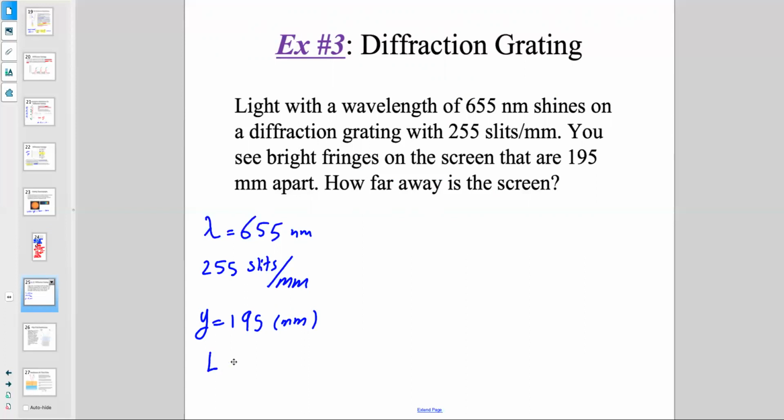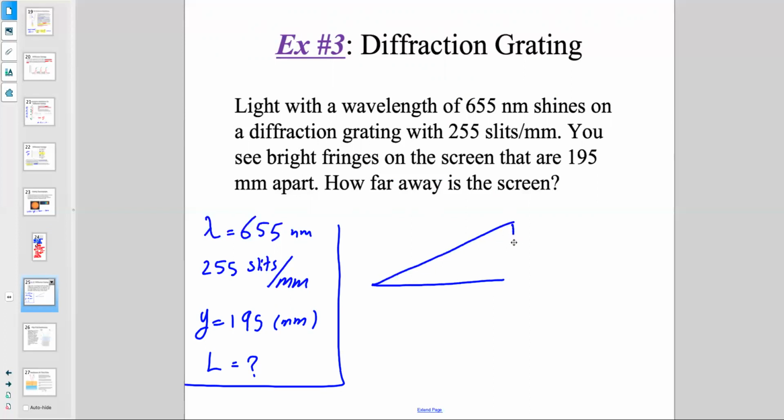Now we're looking for L this time. To find L, easy peasy. So what we have is this: this is L, this is y, and this is theta, and we're looking for this L. Okay, so we have bright fringes.